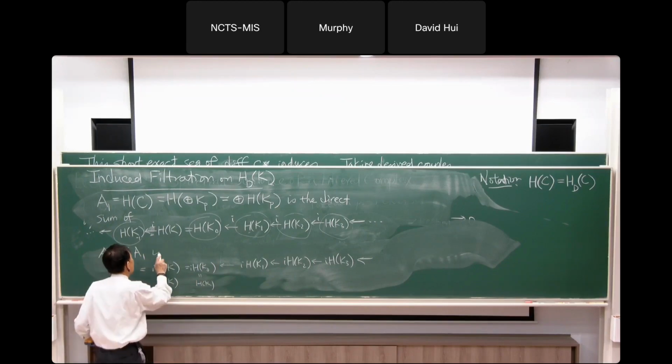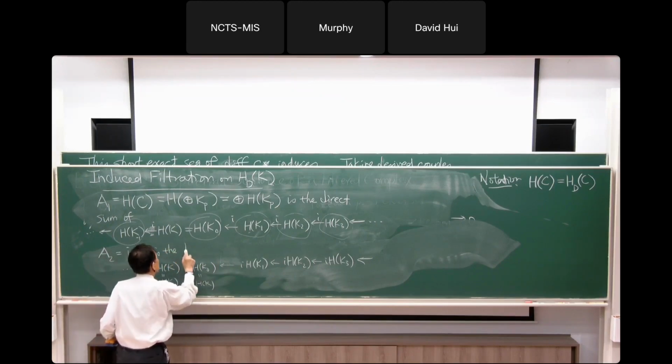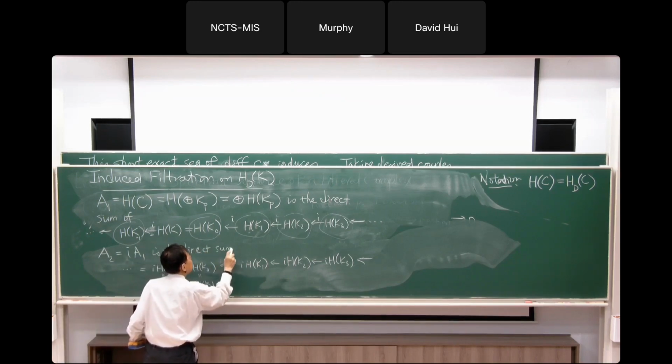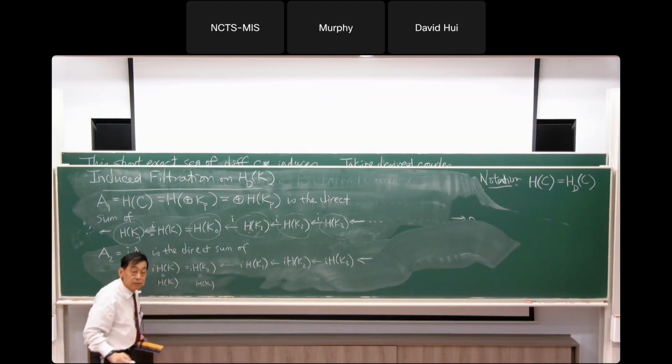A2 is the direct sum of all of these terms.